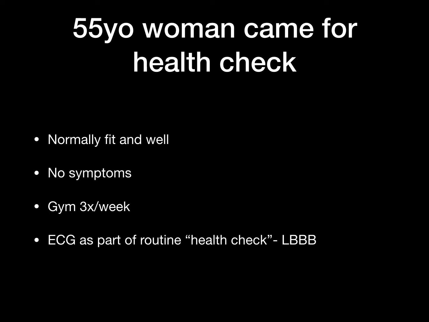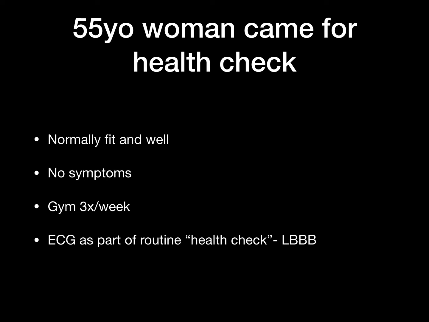So almost any significant heart disease, whether it's heart failure and left ventricular dysfunction, whether it's ischemic heart disease, for example, can all cause a left bundle branch block. So in an asymptomatic patient, it would probably be reasonable at minimum to get an echocardiogram to make sure that cardiac structure and function is normal.